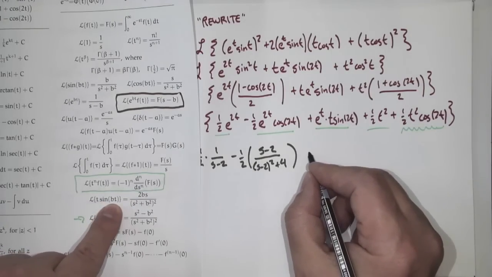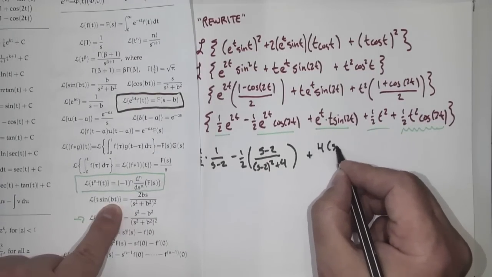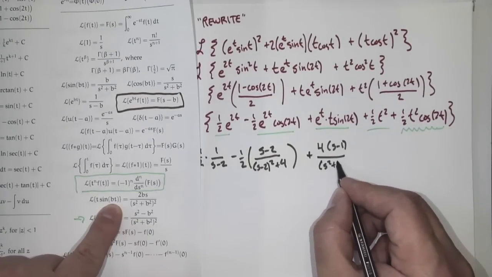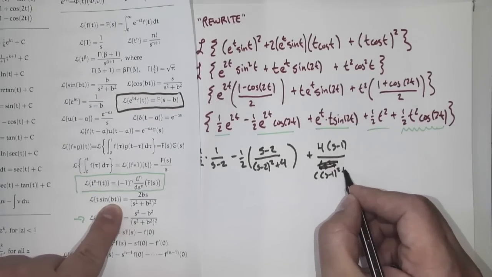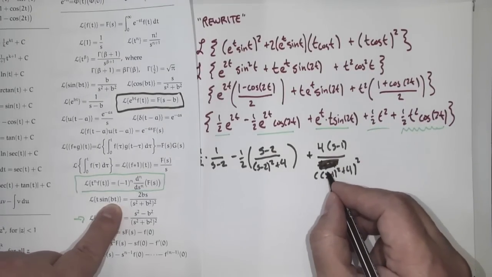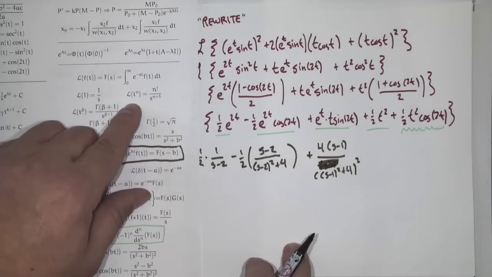So we're going to have plus 2 times 2, which is 4, times s minus 1. Downstairs we'd have s minus 1 squared plus 4 squared. Remember, all the s's become s minus 1s. A half t squared, well, we have a half.